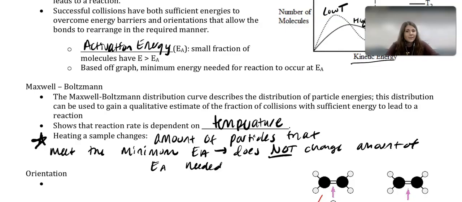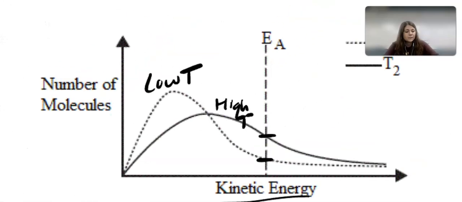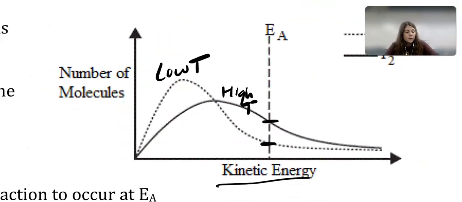So looking back at that graph, what that means here, if your activation energy, let's say, costs 1,000 joules, so if you want this reaction to occur, you need to have 1,000 joules to make that reaction occur. Here, increasing the temp did not change the amount needed. You just now have more particles at the higher temp that are going to actually collide.